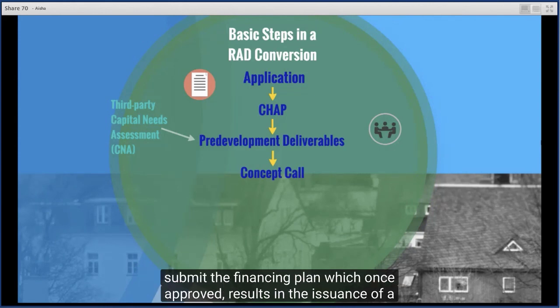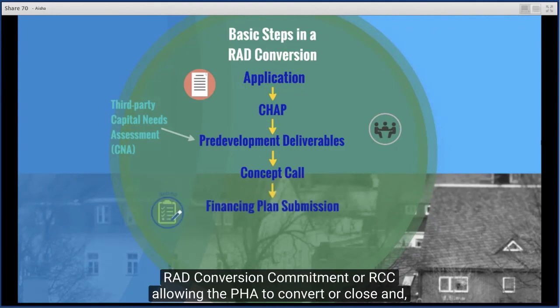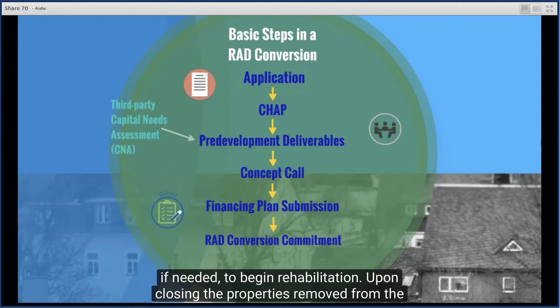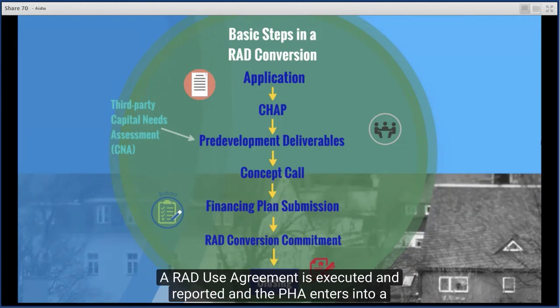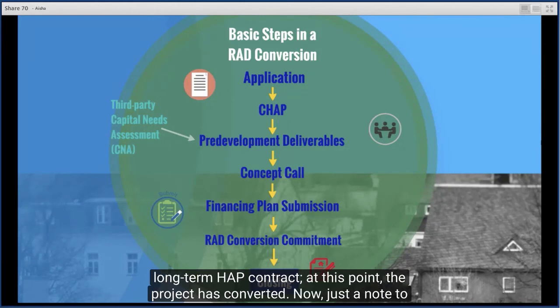It is then invited to submit the financing plan, which, once approved, results in the issuance of a RAD conversion commitment, or RCC, allowing the PHA to convert or close, and if needed, to begin rehabilitation. Upon closing, the property is removed from the public housing program, thereby releasing it from the current declaration of trust. A RAD use agreement is executed and recorded, and the PHA enters into a long-term HAP contract. At this point, the project has converted.